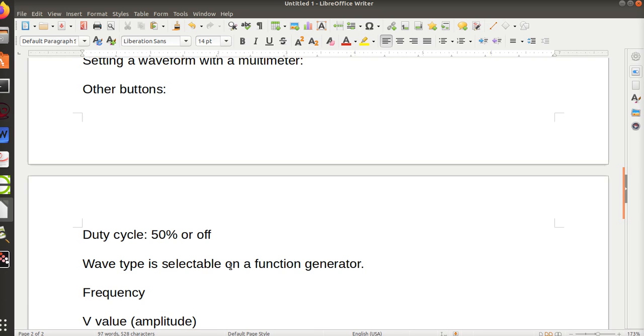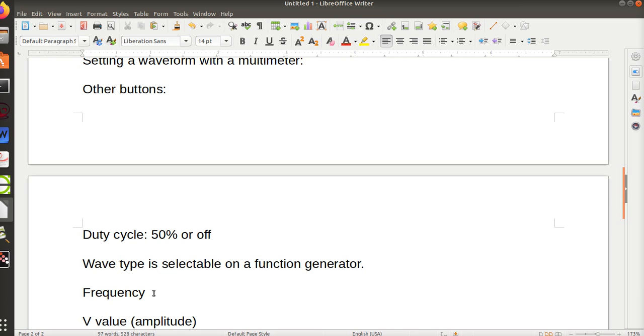Wave type is selectable on a function generator. Generally, there's a button to push, whether you want a sine wave, a square wave, or a triangle. And then you're looking for frequency. Most of them have a frequency knob, and most of the function generators I deal with are on the left end. And sometimes there's a display that displays the frequency that it's actually outputting.